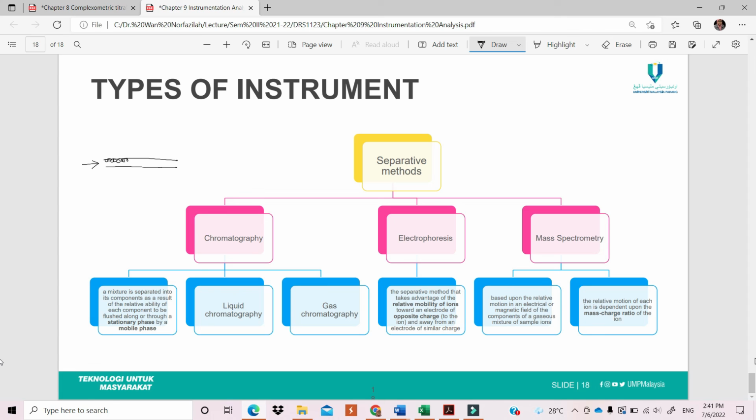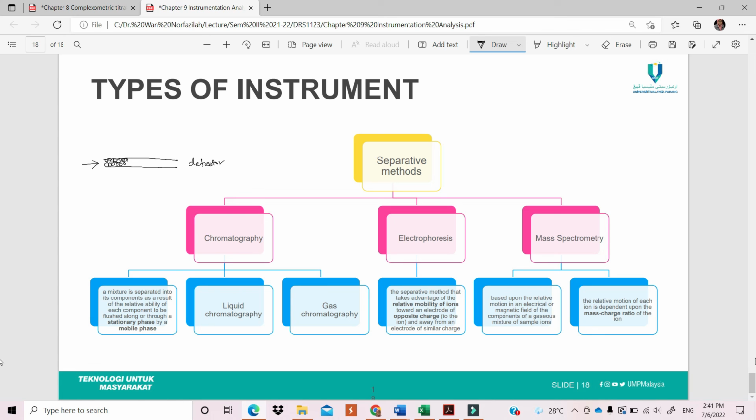So this stationary phase will separate your analyte, your mixture, into components based on the physical or chemical characteristics, and the mobile phase will bring your analyte to the detector.